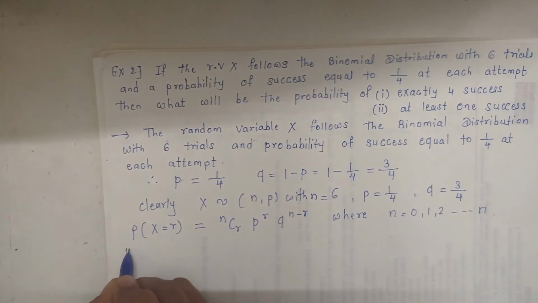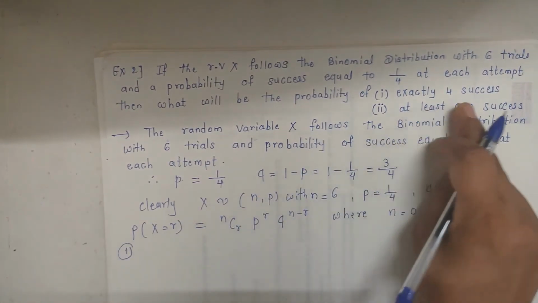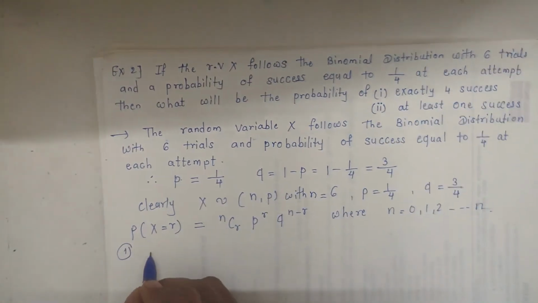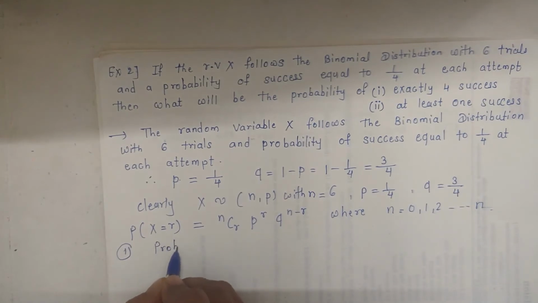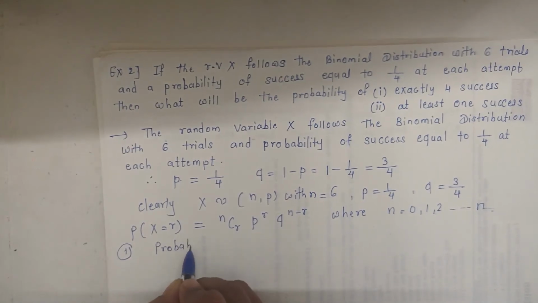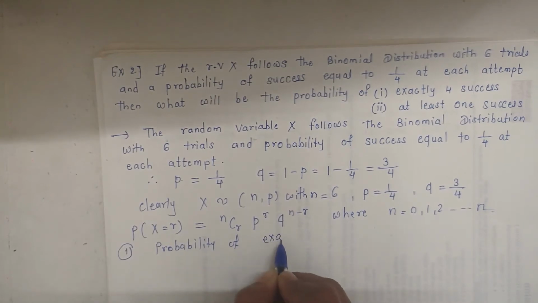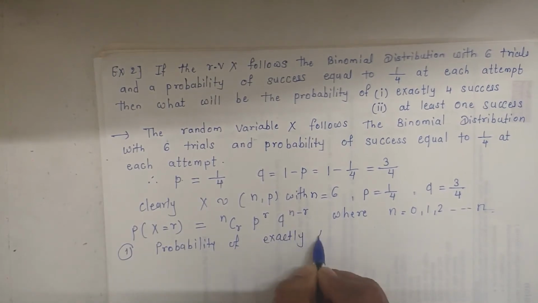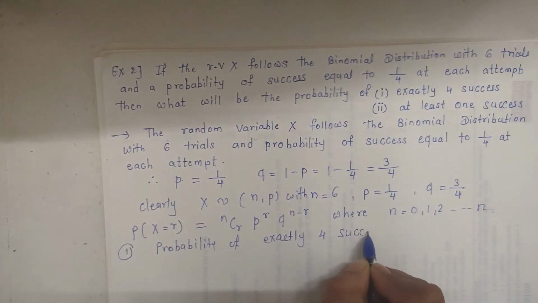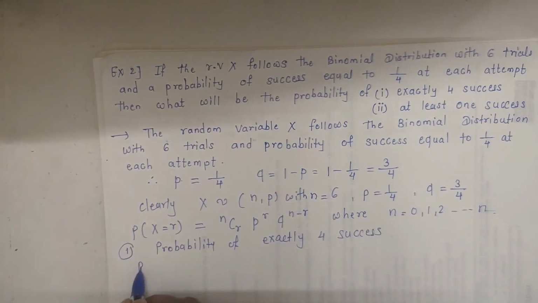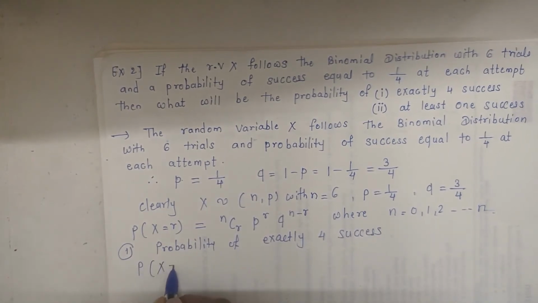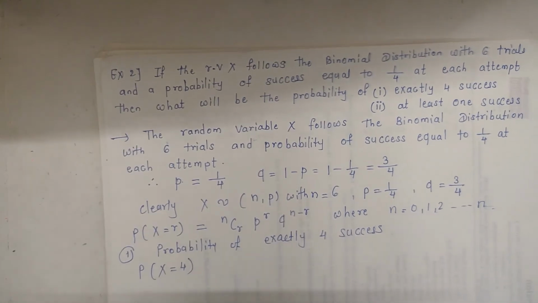Now here we have to find out first the probability of exactly 4 successes. So the probability for X is equal to 4.